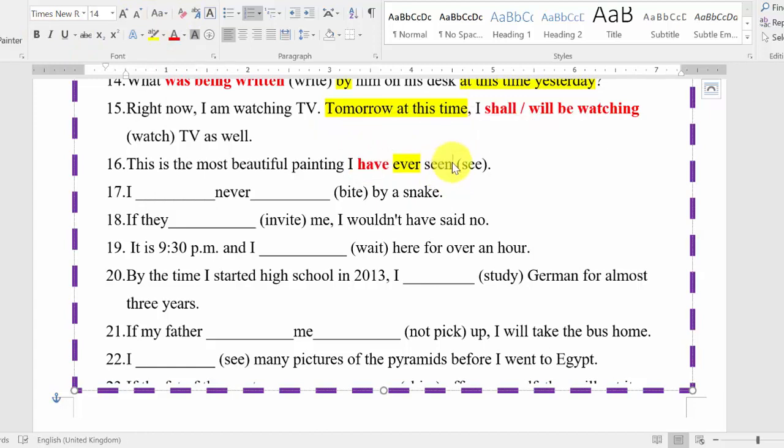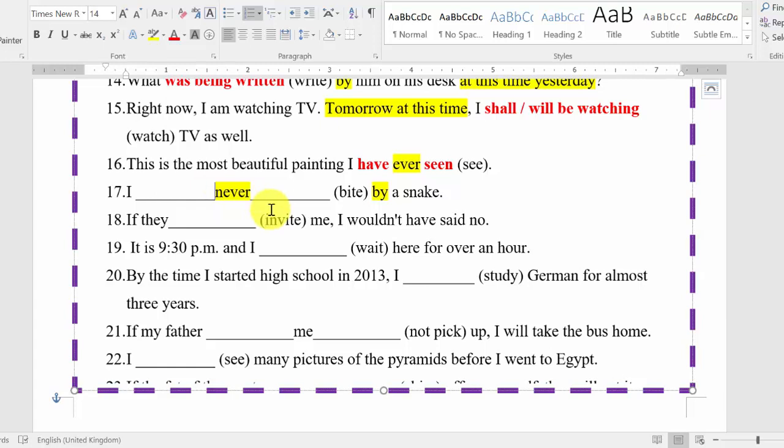Okay, next one, 17. Never by a snake. You see "never", so highlight never. As I told you before, never with two blanks should be present perfect tense. Present perfect tense together with a "by" should be present perfect passive form.